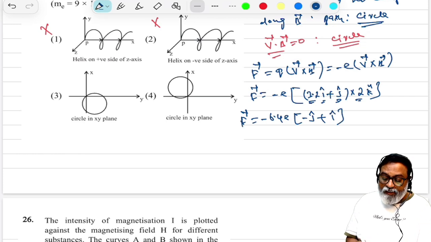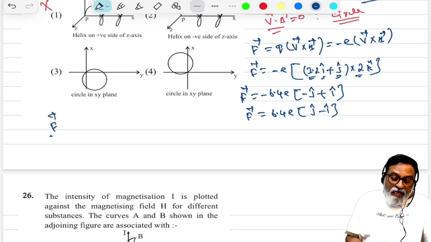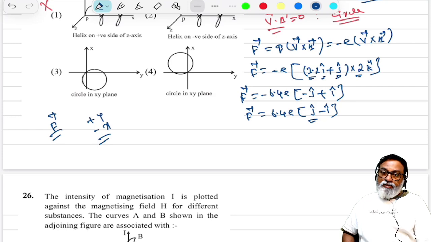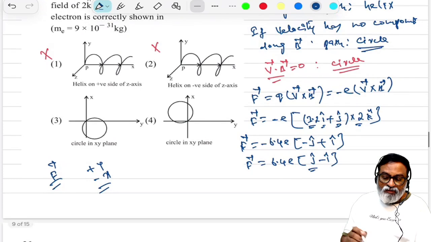If you multiply with the negative sign, therefore F bar is equal to 6.4 e into j cap minus i cap. Therefore here F bar has a component along the positive y direction and the negative x direction.